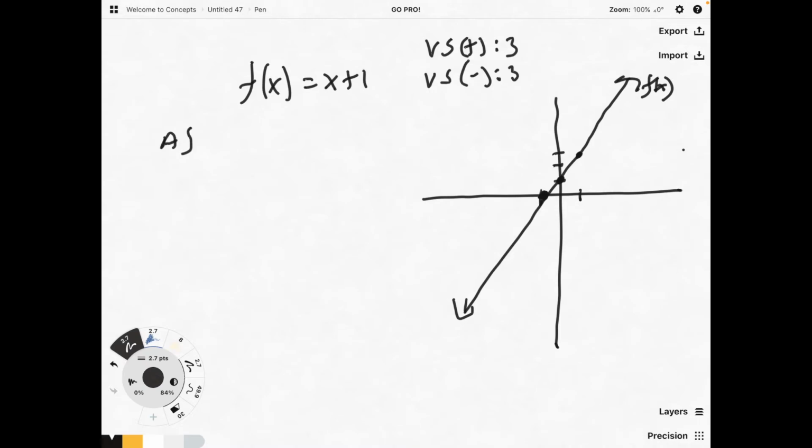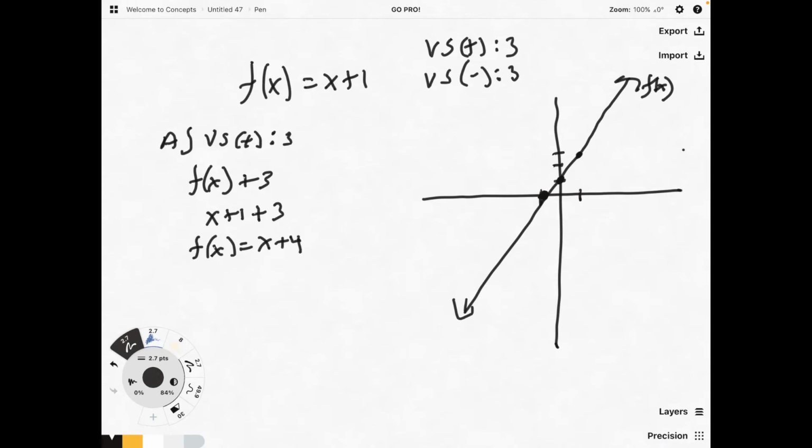In A, it says to do a vertical shift in the positive direction by 3. So what we need to do is take our original function, f of x, and add 3 to it. So we have x plus 1 plus 3. When we simplify, our new function becomes x plus 4. And now we can graph this. If we plug in 0, our first point is going to be 0, 4, which is right here.